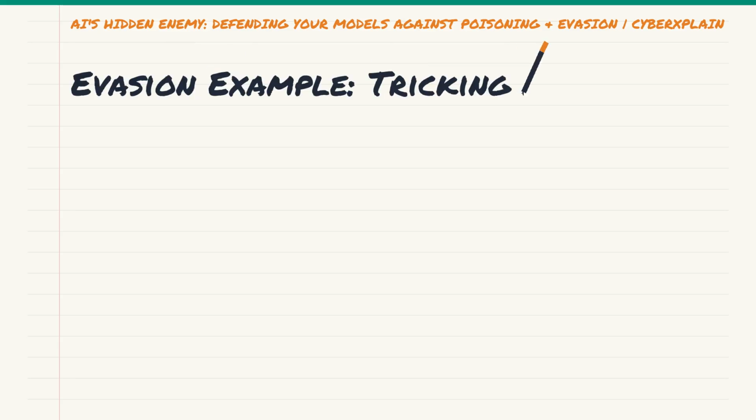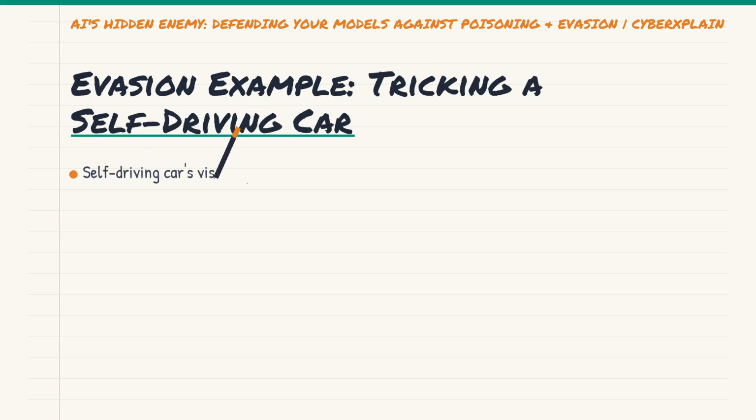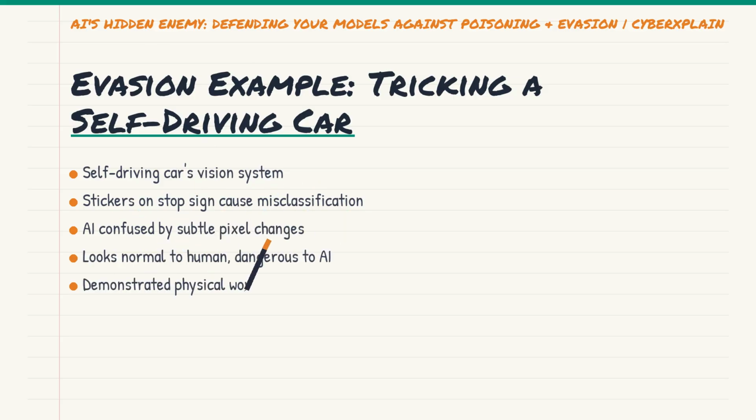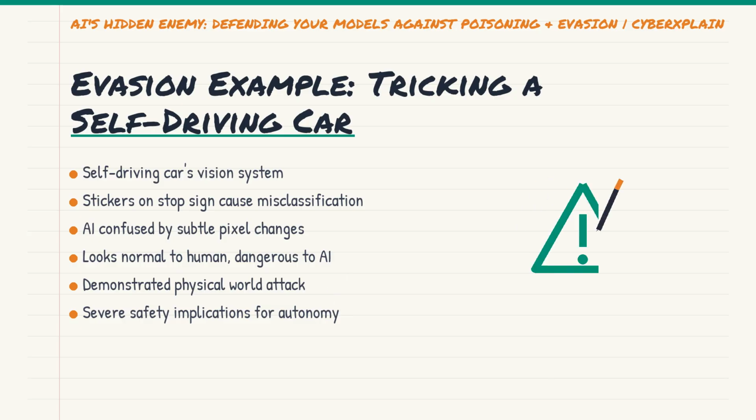Think about a self-driving car's vision system, a classic example for evasion. Researchers have shown how a few stickers strategically placed on a stop sign can make a robust object detection model misclassify it as a yield sign, or even a speed limit 45 sign. To a human, it's still clearly a stop sign, but the AI's neural network gets confused by the subtle pixel changes.